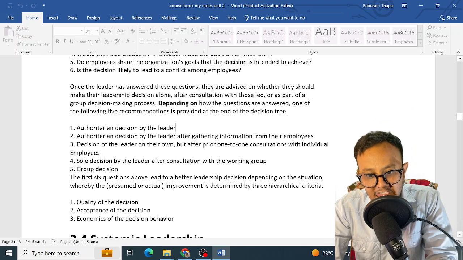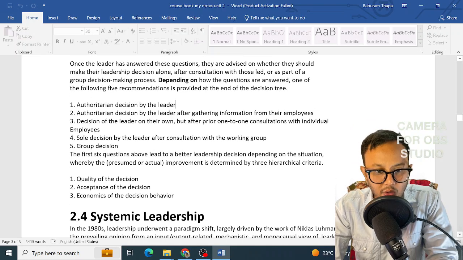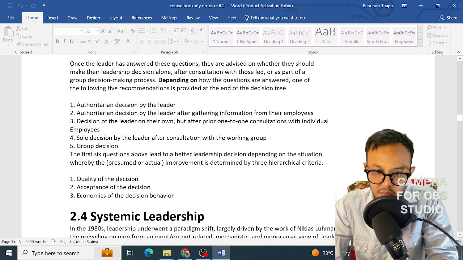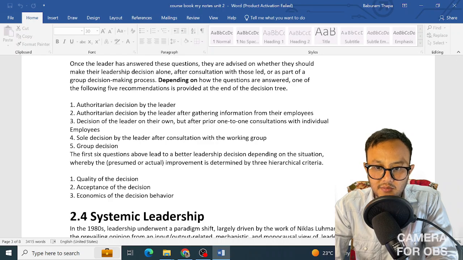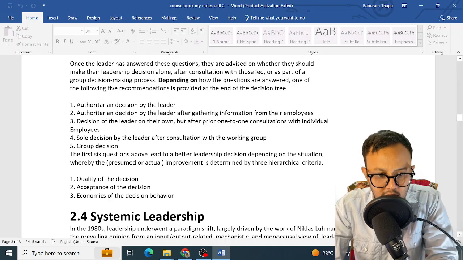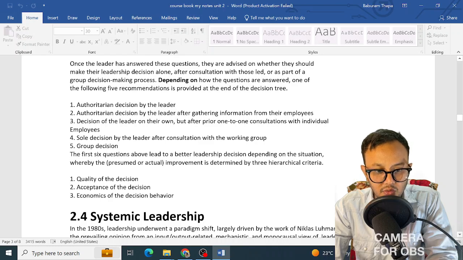Depending on how the questions are answered, one of five recommendations is provided at the end of the decision tree: authoritarian decision by the leader; authoritarian decision by the leader after gathering information from the employees; decision of the leader on their own but after prior one-to-one consultation with the individual employees; sole decision by the leader after consultation with the working group; or group decision. These are the suggestions based on the answers to those six questions.